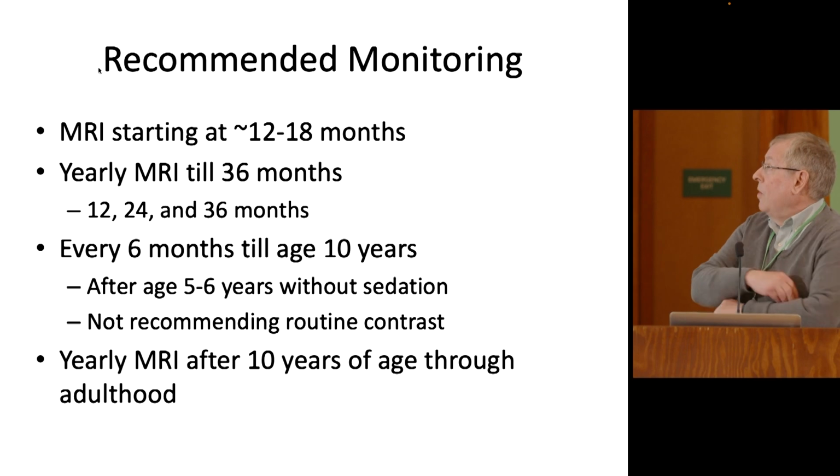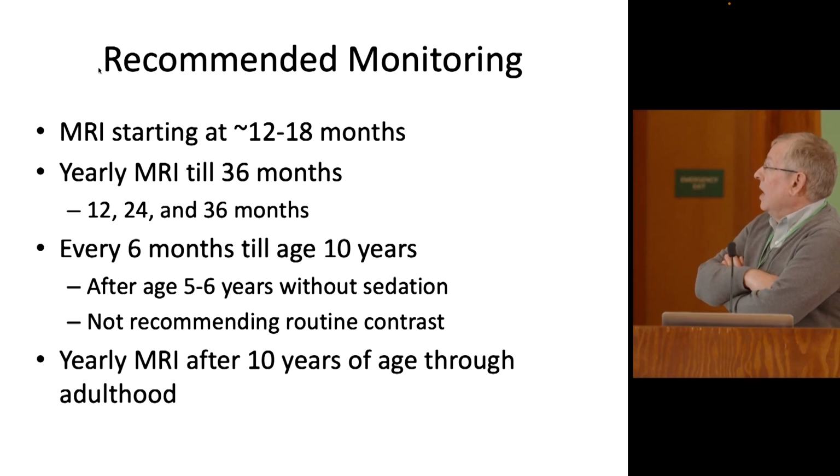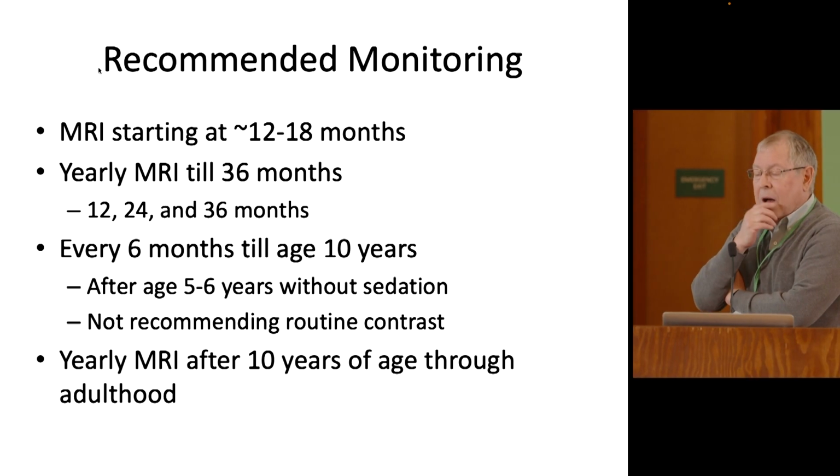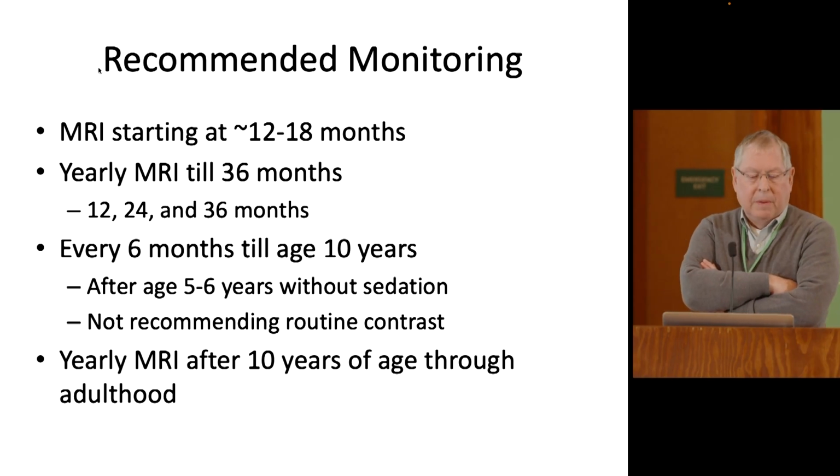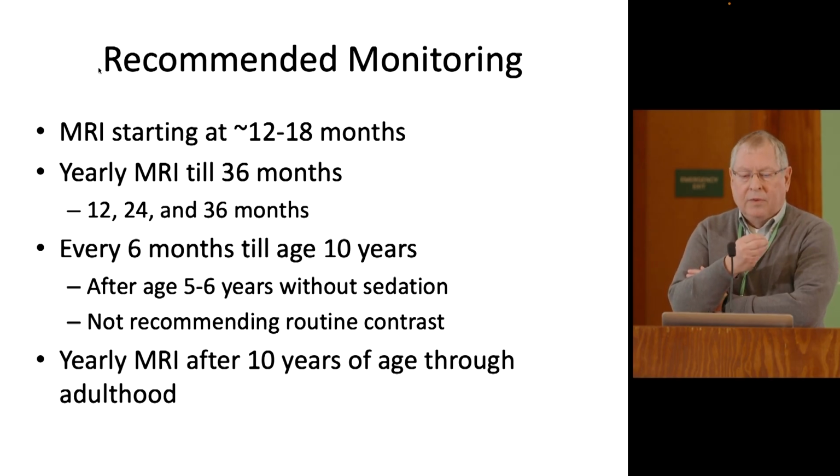Okay, so we've heard recommended monitoring. This is what New York came up with a number of years ago. MRI starting at 12 to 18 months. Part of it is just making certain that we engage with the patient. We start looking at MRIs around 12 to 18 months.